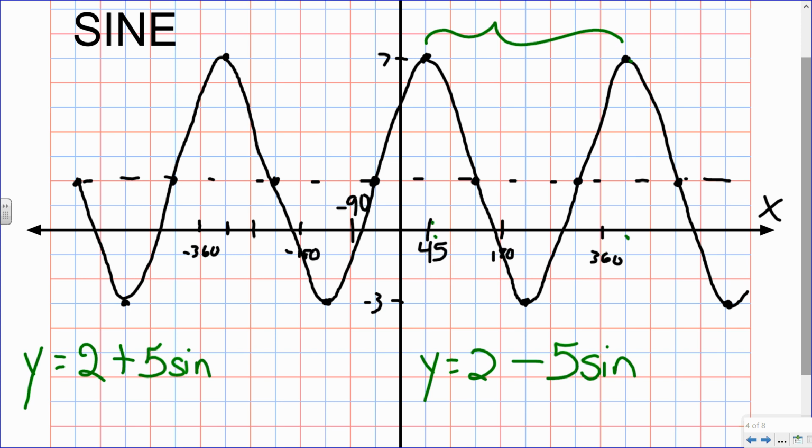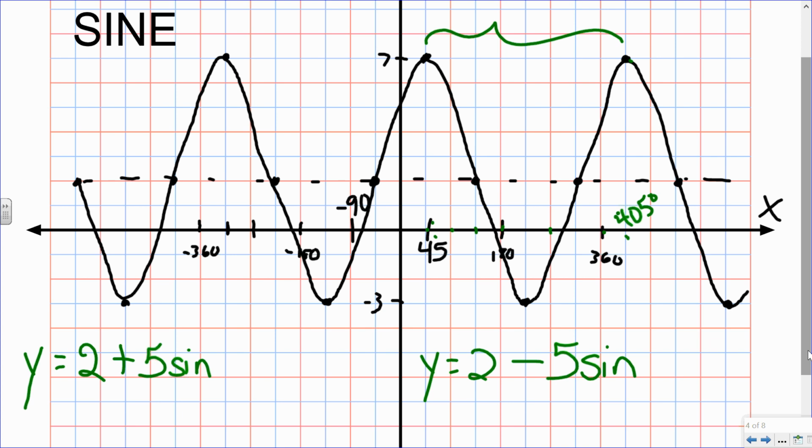Well, if I look at these, since this one has a grid, it looks like each box is 45, so let's check that out. 45, 90, 135, 180, 270, 360, so each little box is 45. So that means this would be 405 degrees. How far apart are 45 and 405? 360, so no period change, so we don't have to worry about that.